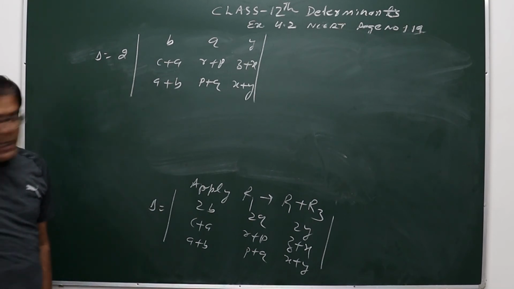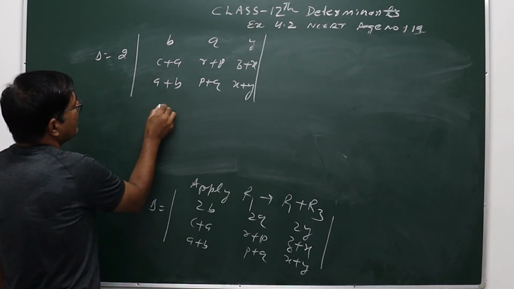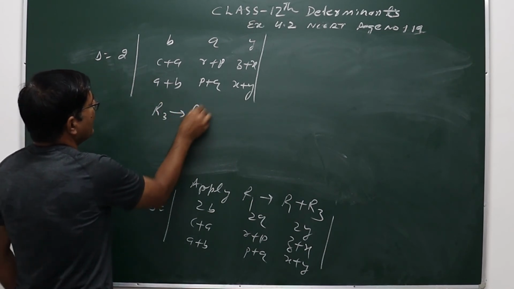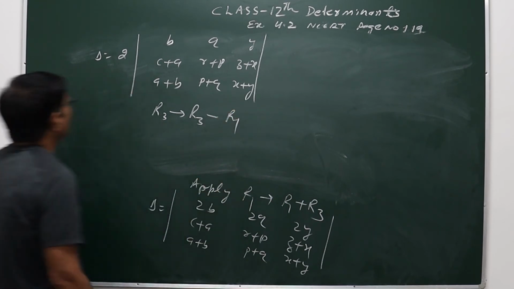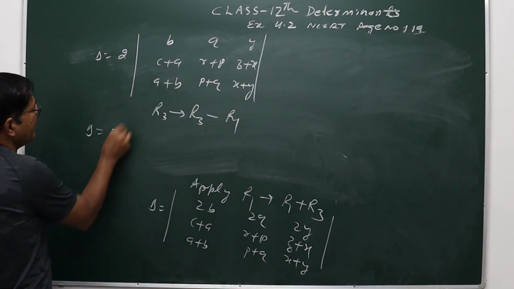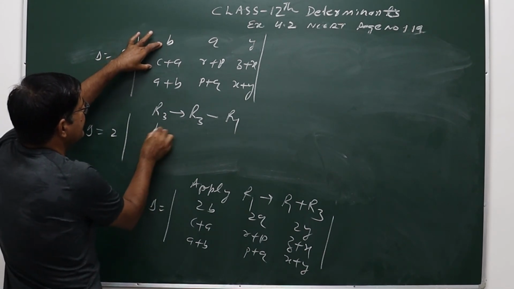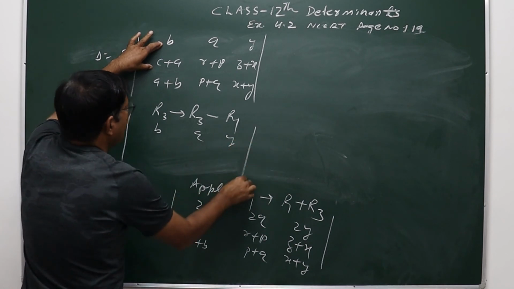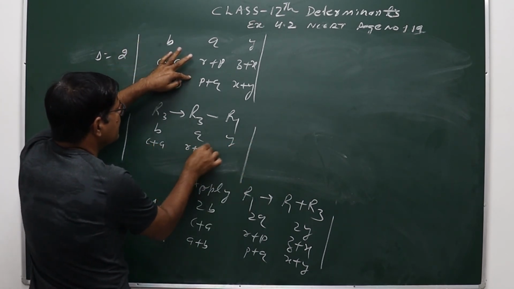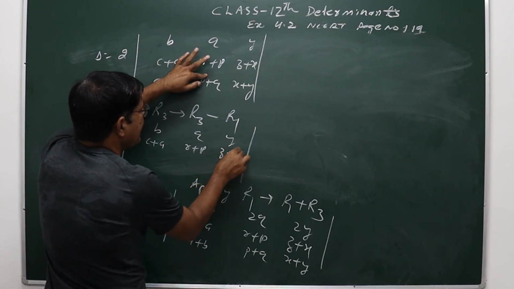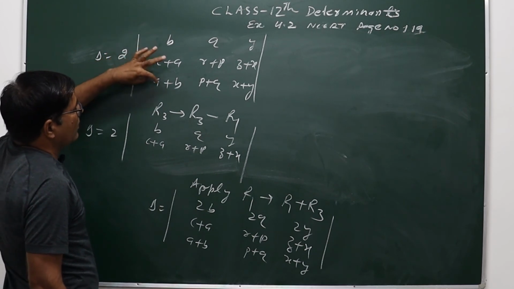Now we can do one thing. R3 tends to R3 minus R1. So the determinant twice of first row will be as it is B, Q, Y, and second will be C plus A, R plus P, Z plus X, and I am subtracting R1 from R3.